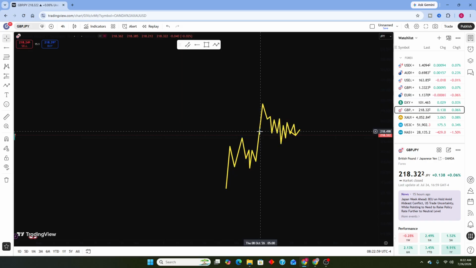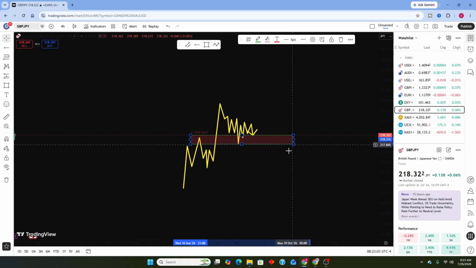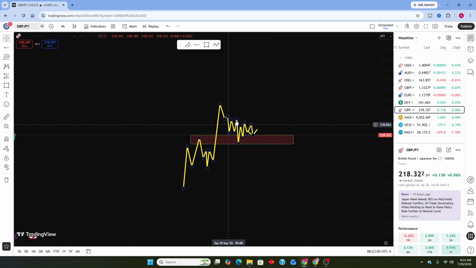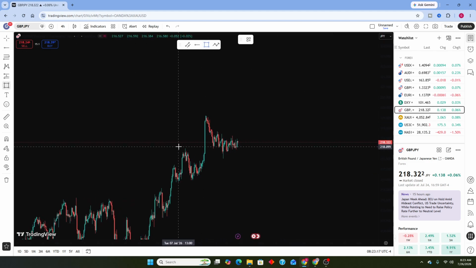This is as easy as it can come. So we're looking for price to stop here and push up, right? And that's exactly what price looks like it's doing.